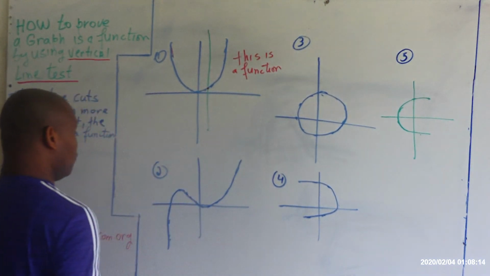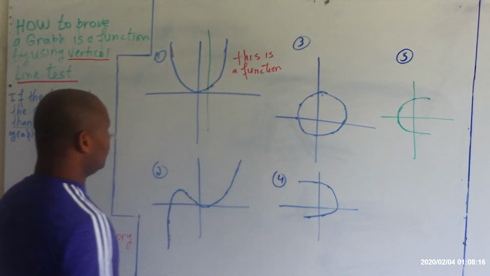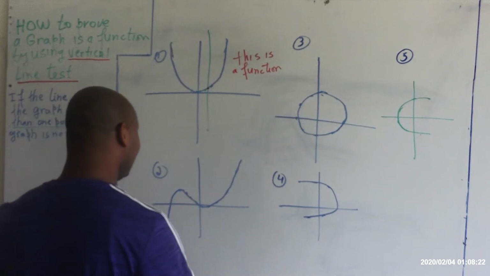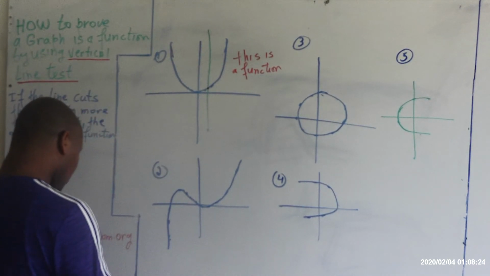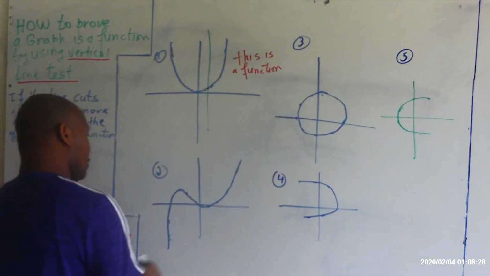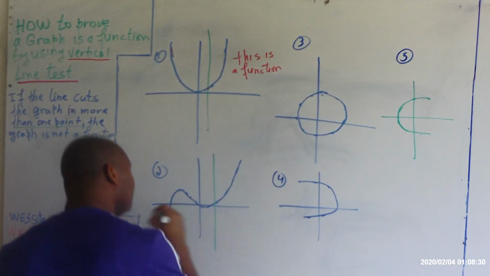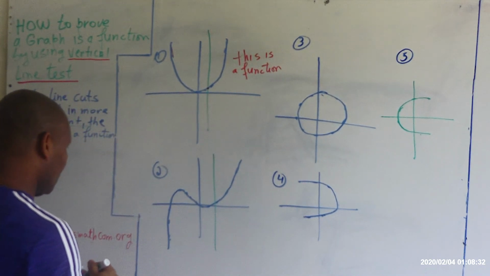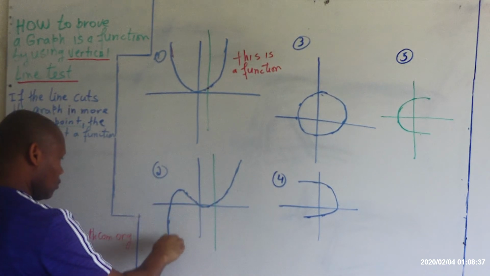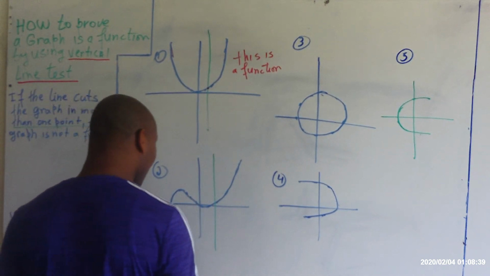Alright, one point. Let me check the second graph. I'm going to use a vertical line test to prove that. This is my graph, the S graph.